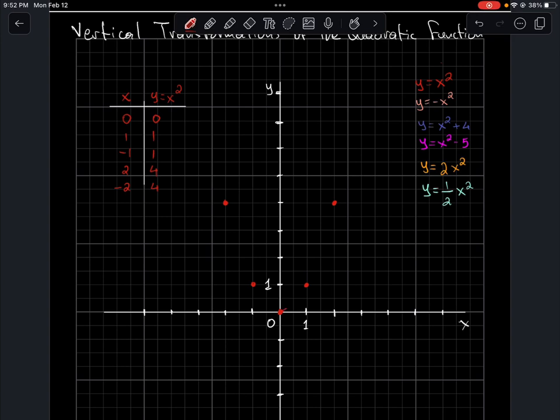Now if I graph that, I'm gonna get the U-shaped curve, or my parabola, which is symmetric about the y-axis and has a vertex at the origin. Okay, now let's write next to it what we have done. This is the parent function.